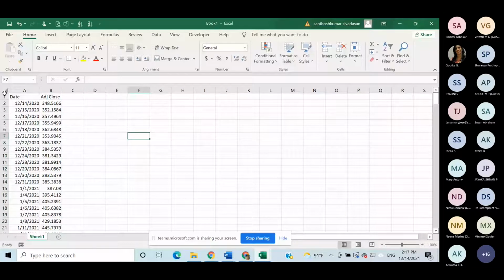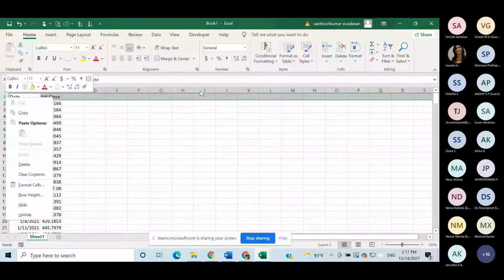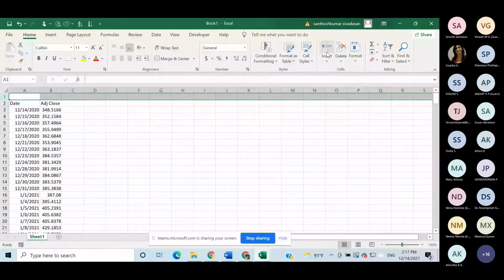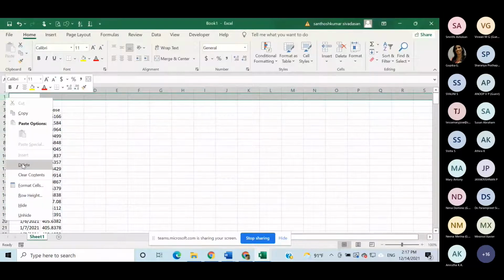So I am inserting one row here to give some title there. So this is Wipro.